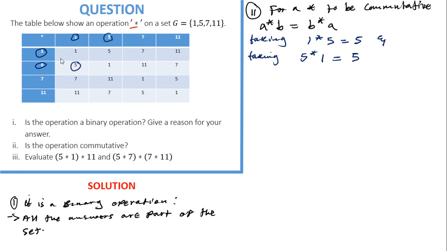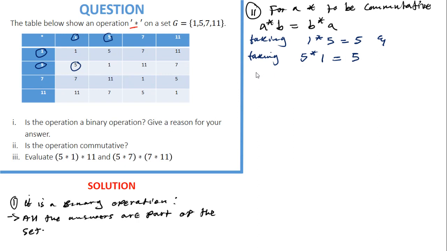If we also check with other numbers, let's say 5 star 7, it's giving us 11, and 7 star 5, it's also giving us 11. So if you observe, since A star B, in this case 1 star 5, is equal to 5, and B star A, which is 5 star 1, is giving us 5, it's giving us the same digit.